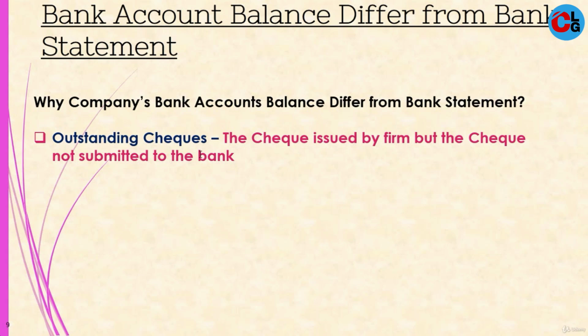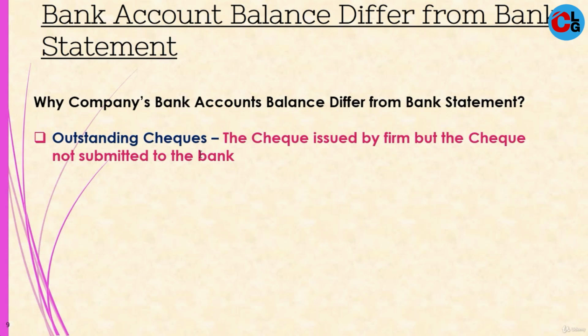But if the person does not submit it to the bank, the bank statement does not show that amount, right? This is why the bank account balance differs from the bank statement. So this is called an outstanding check.